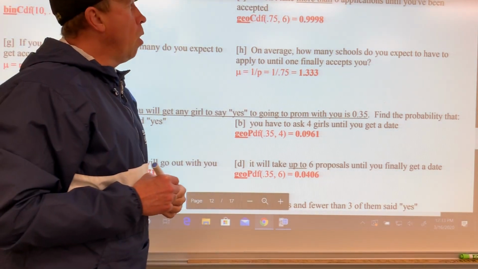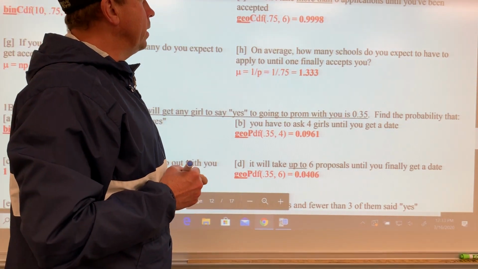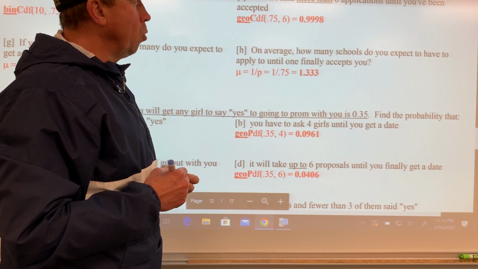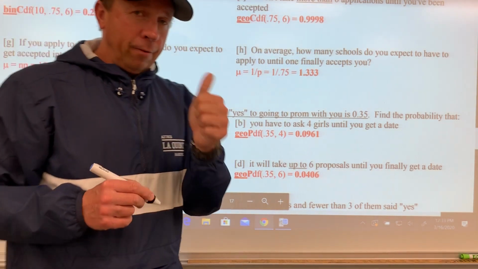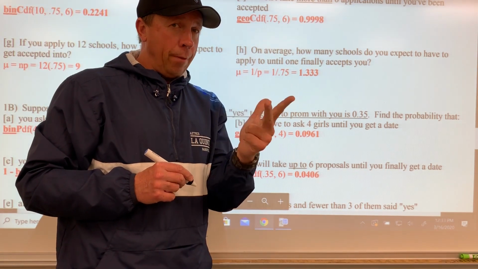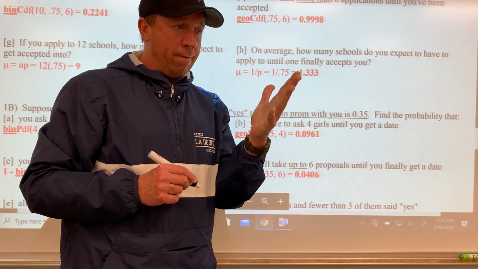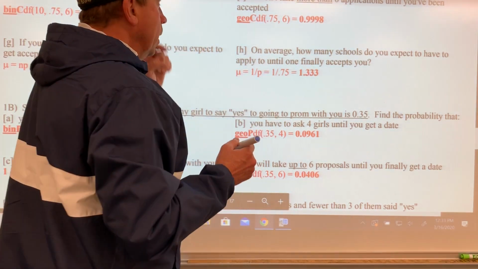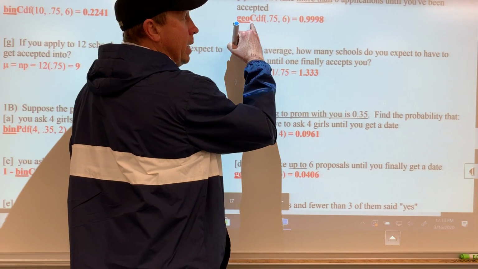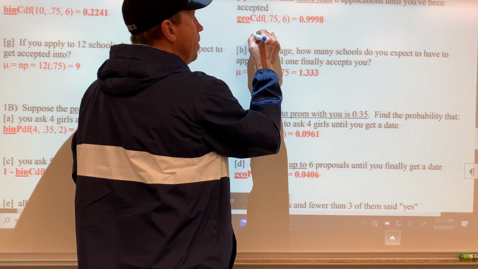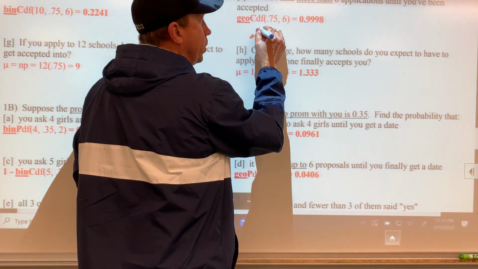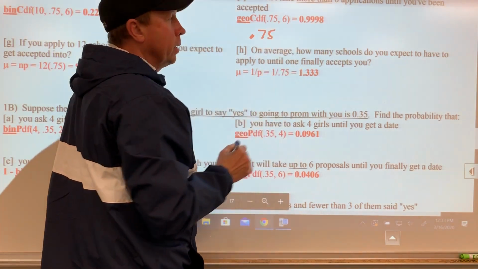F, it won't take more than 6 applications until you've been accepted. It won't take more than 6. So I'm going to get in on the 1st, or the 2nd, or the 3rd, or the 4th, or the 5th, or the 6th. Okay, so this is a geometric CDF problem. The chances of me getting in on the 1st try is 75%.